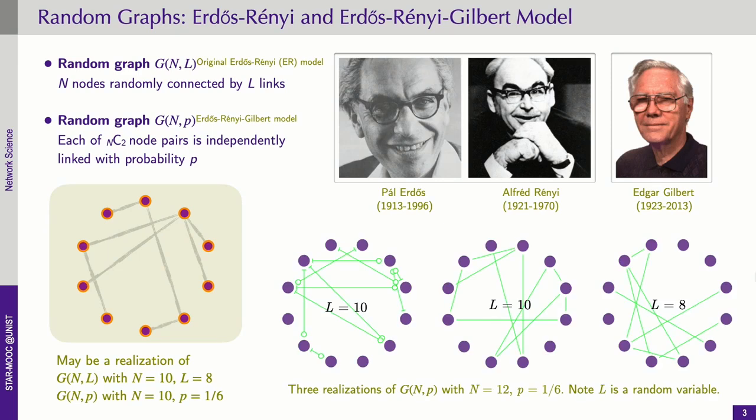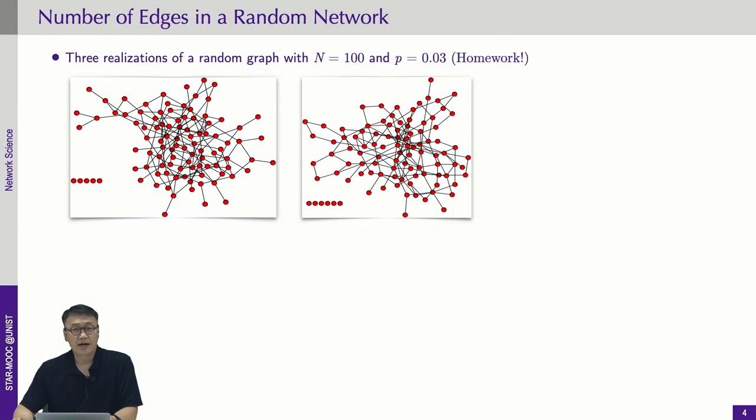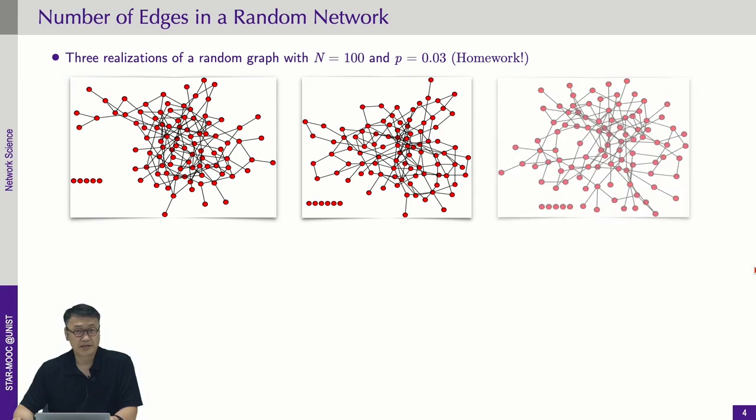Again, these are three sample graphs generated by G(10, 1/6), which have different numbers of edges. Now, if we increase the number of vertices, you will have even more possible ways of linking individual vertices. As you see, there are some vertices with degree 0 that are isolated from the giant component.